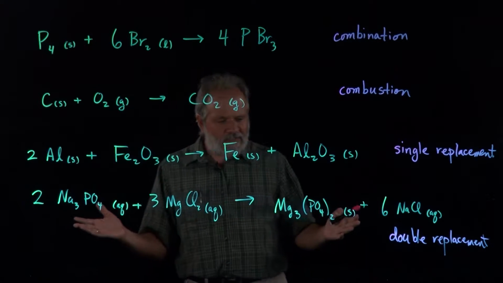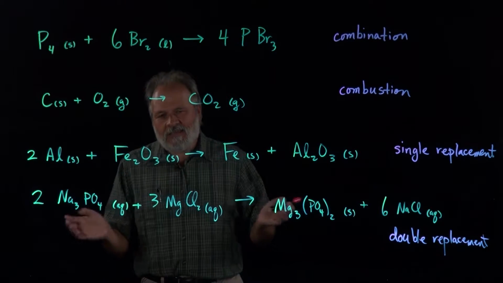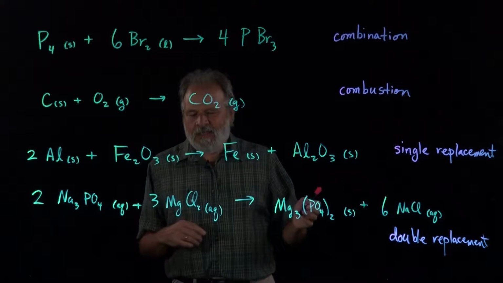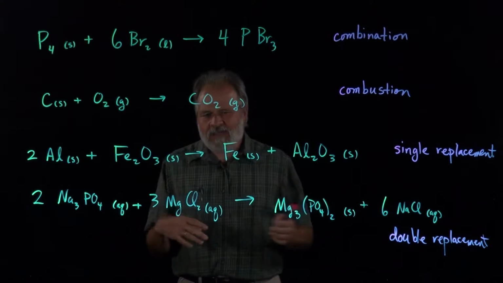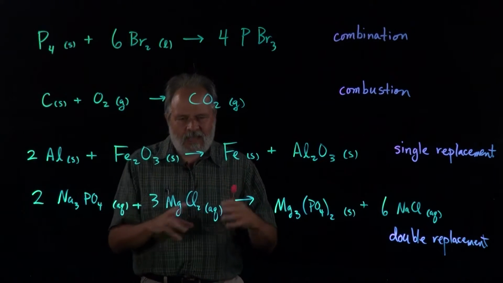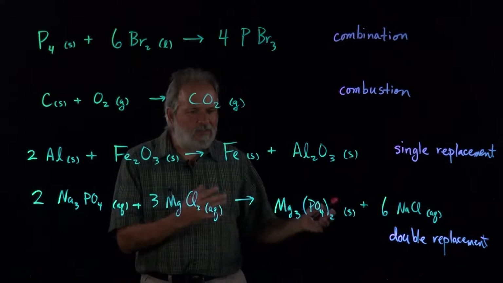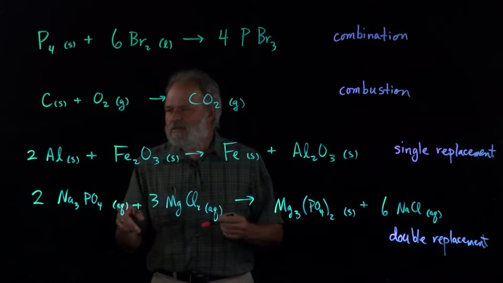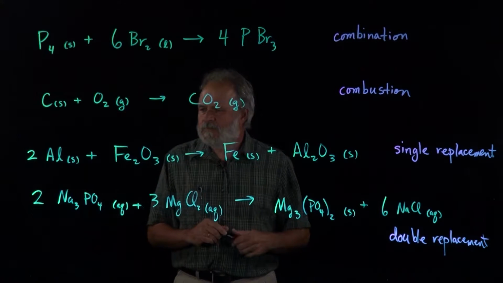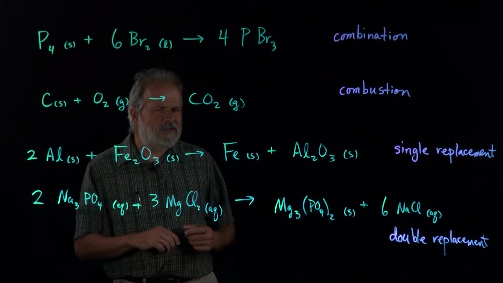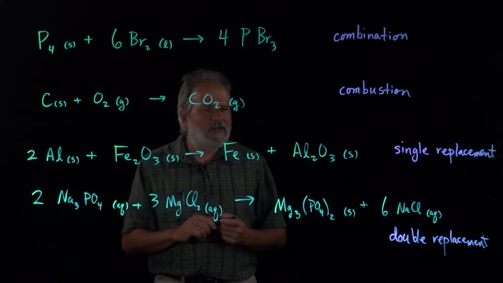A double replacement would be like the TV show Wife Swap, where they never swap just one. They always swap two of the same thing so that the combinations afterward are still mixed, plus, minus, or male, female, or whatever. Here aluminum metal is replacing iron, which is also a metal, in ionic compounds.